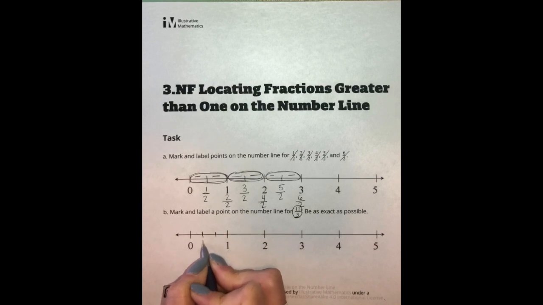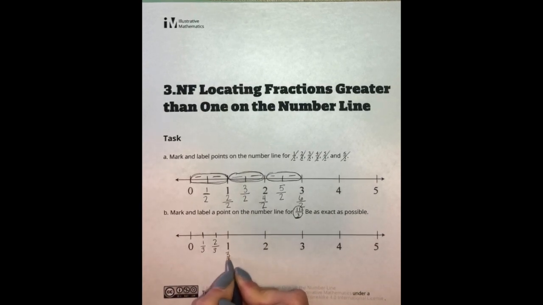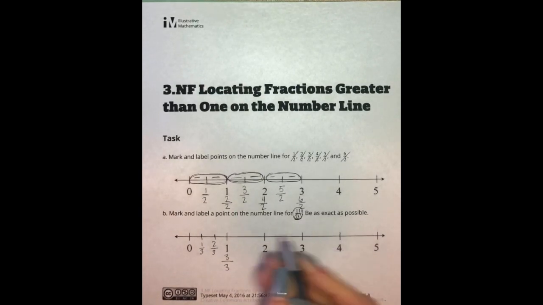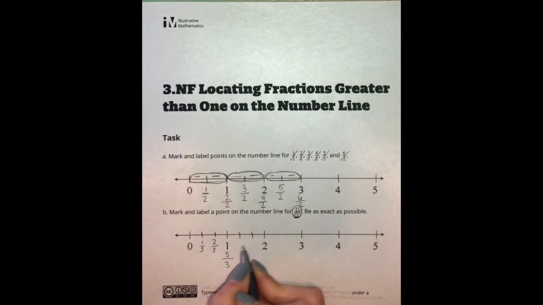So I have 1/3, 2/3, and 3/3. I'm going to be breaking it up into how many parts is my whole. And then another group of thirds, so 4/3, 5/3, 6/3.